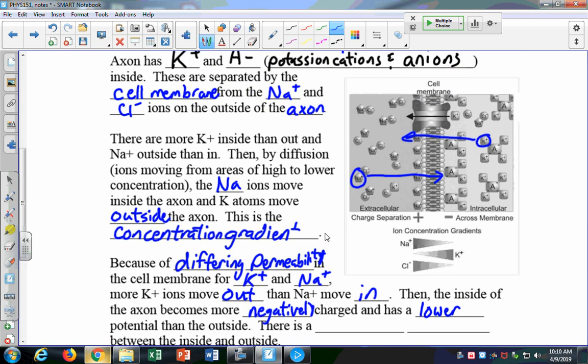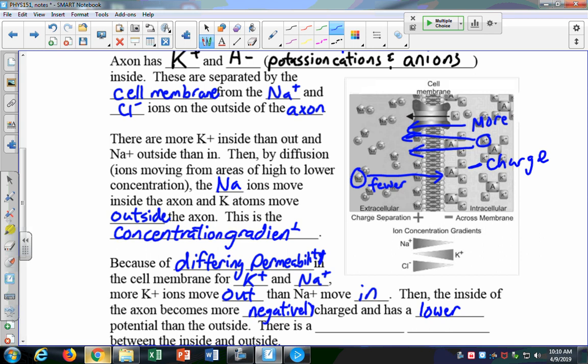All right, so I get more of these. More potassiums are going to move out, and fewer of these are going to move in. So I'm losing a lot of positive charges, but only taking on a small amount of positive charges, so I'm going to have a net negative charge on the inside of the membrane.